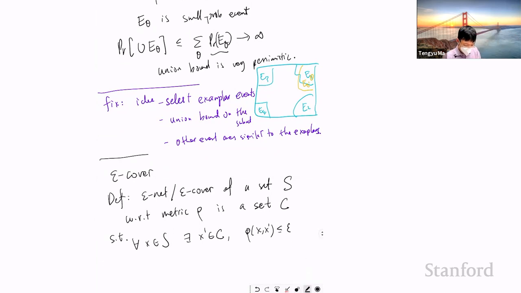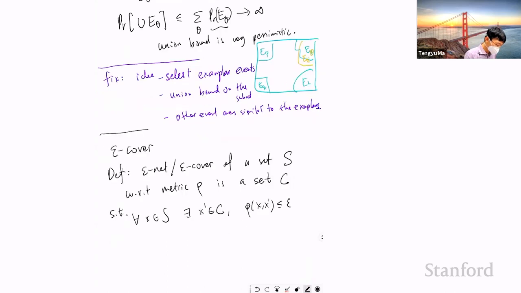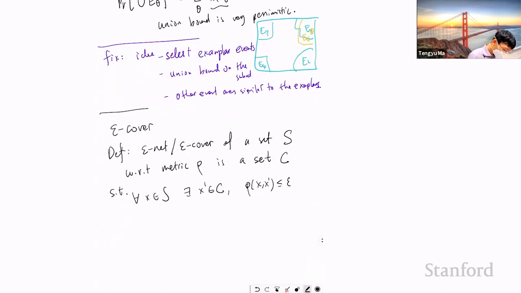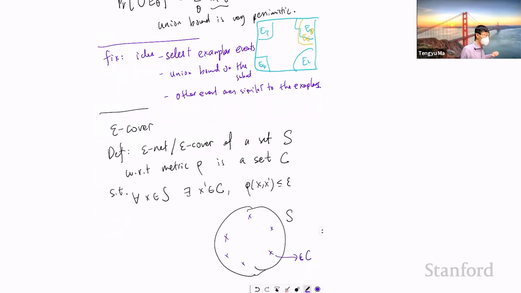If you draw this, you have a set of models or parameters, called S, and the epsilon cover is a subset of S. You select some points, and these are all in C, and this set C needs to satisfy the following to be an epsilon cover.